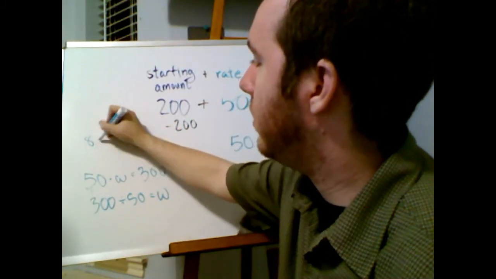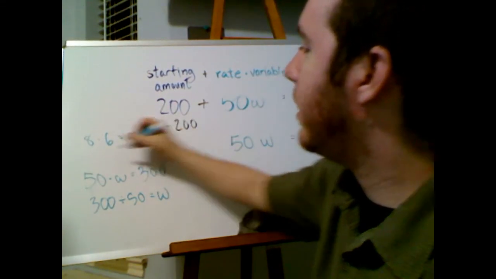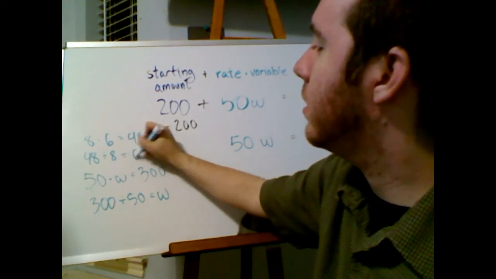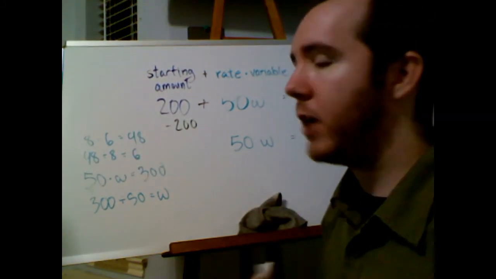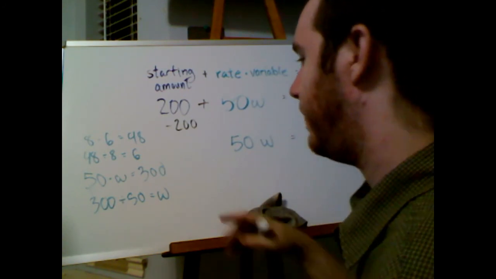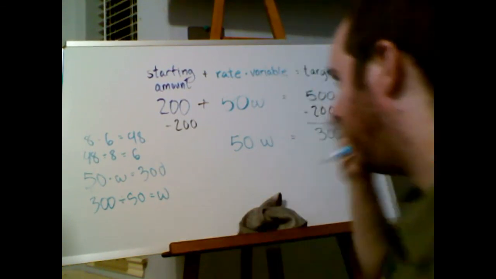Let me show you here. 8 times 6 equals 48. 48 divided by 8 equals 6. Okay? So we can change our order around for multiplication and division facts. So using this reasoning, we can find W.